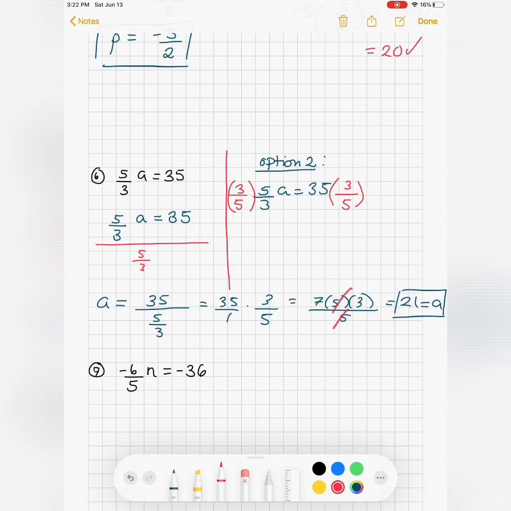Okay, because then look, these cancel, these cancel, these cancel, these cancel. So I have A. 35 divided by 5 is 7. 7 times 3 is 21. Same answer. So I have a couple options.